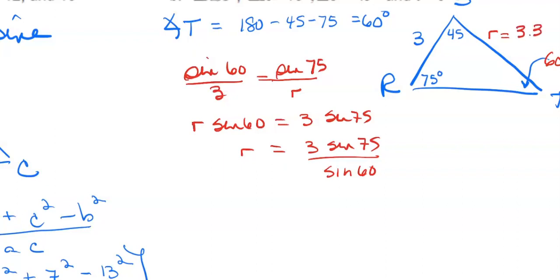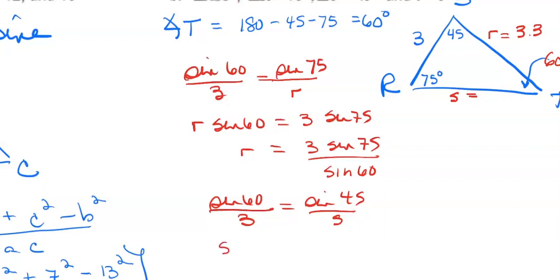I now need to do little s, because that's right here. So use the same setup. So sine of 60 over 3 equals the sine of 45 over s. Do your cross products.